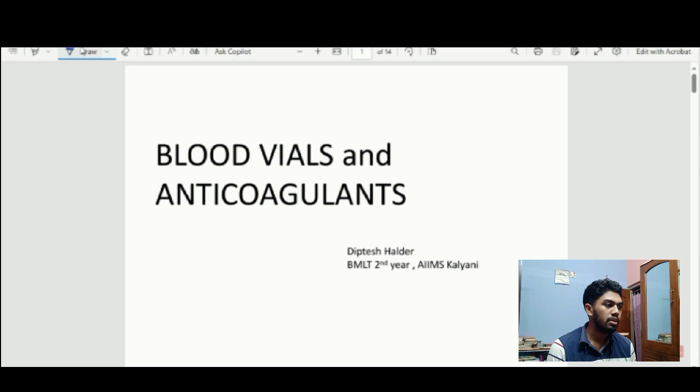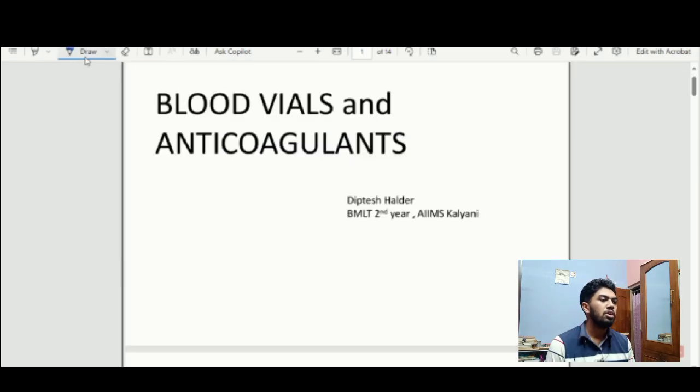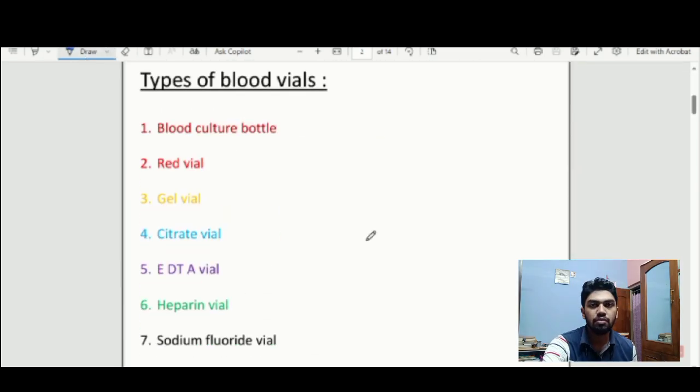So today we will be discussing blood vials and anticoagulants. Okay. So first, what types of blood vials are there? We have the blood culture bottle and the red vial.